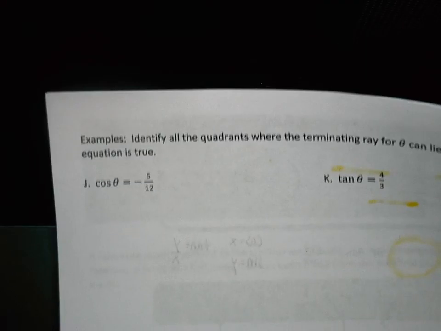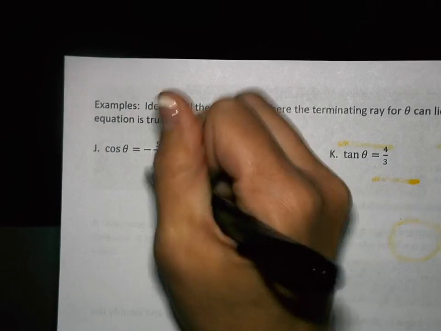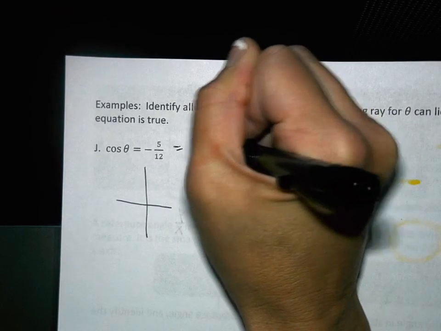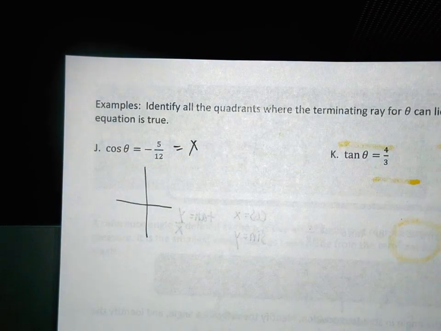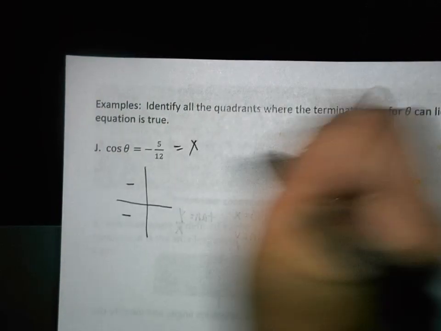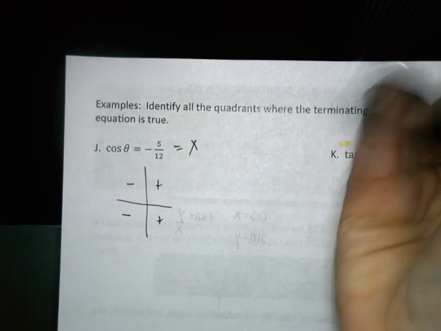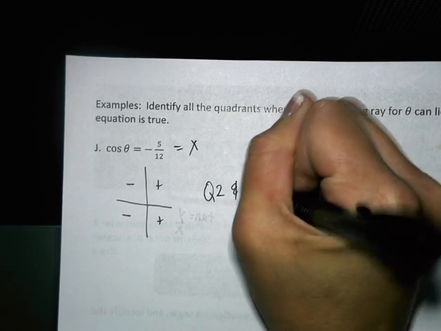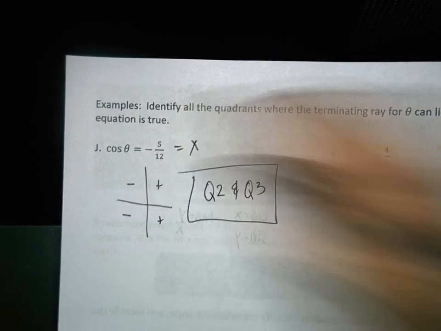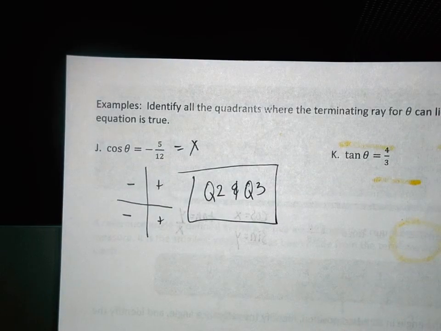If I draw this graph, we know that cosine is dealing with x, right? So where is x negative? In 2 and 3, cosine is negative, right? Because we're dealing with the x's. So that means this answer is quadrants 2 and 3. That is the only time that cosine could end up being negative. So it could end up in quadrant 2 or quadrant 3.